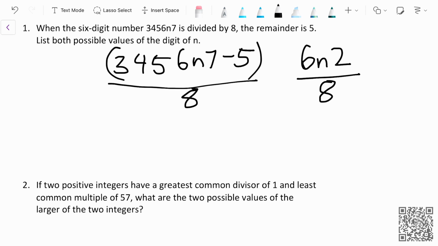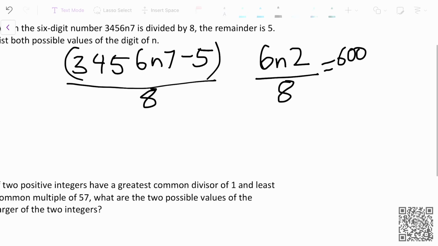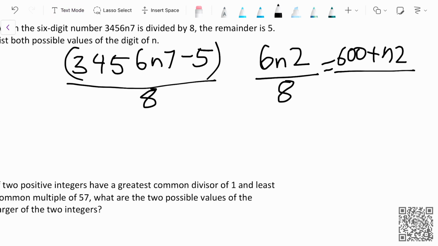So 600 plus n2 has to be divisible by 8. Since 600 is already divisible, n2 has to be divisible by 8. So what integers that end with a 2 are divisible by 8?